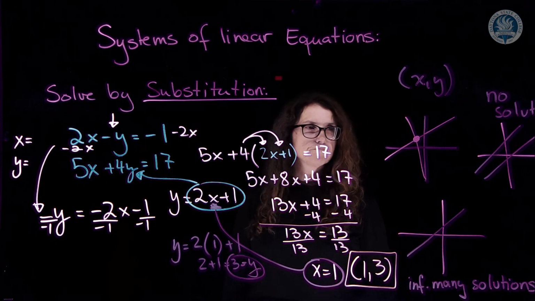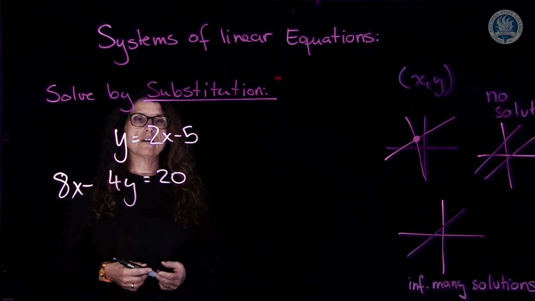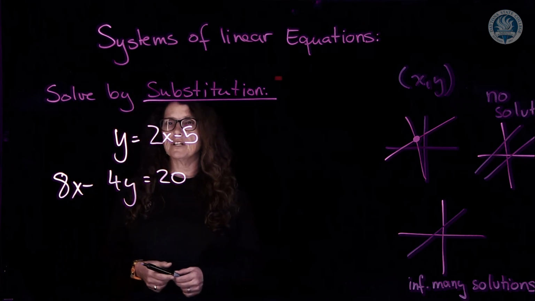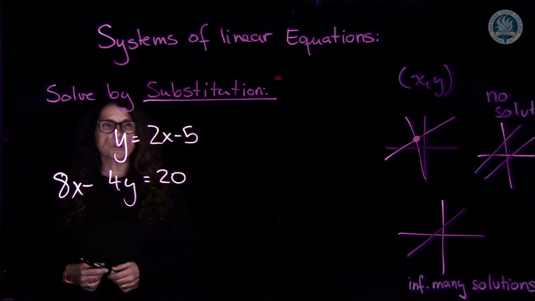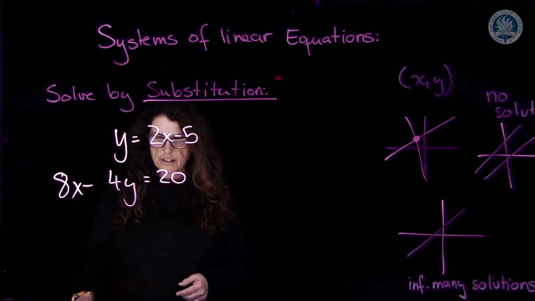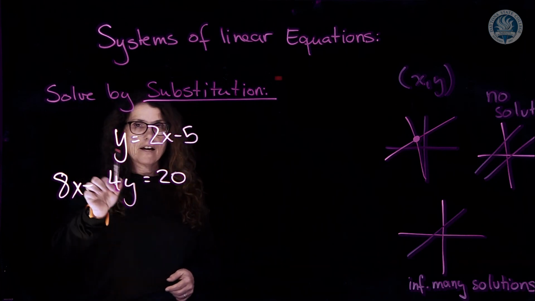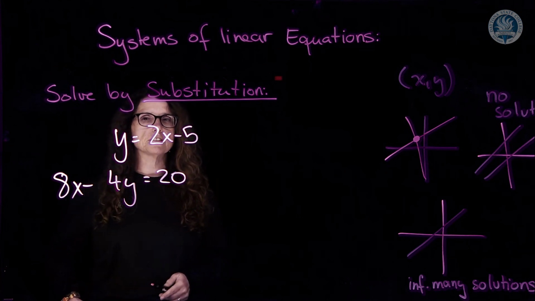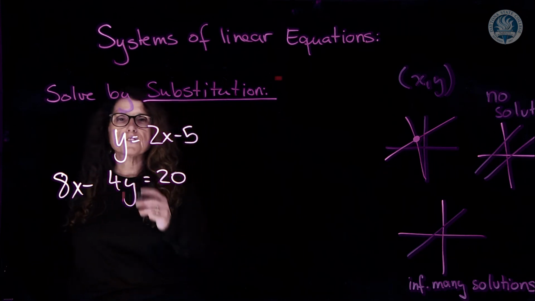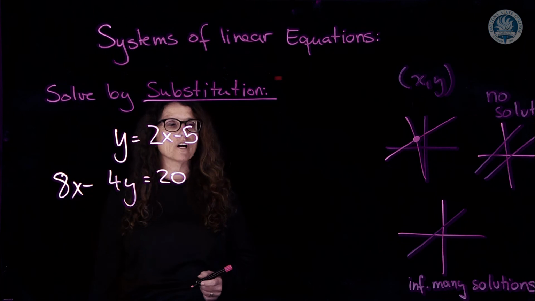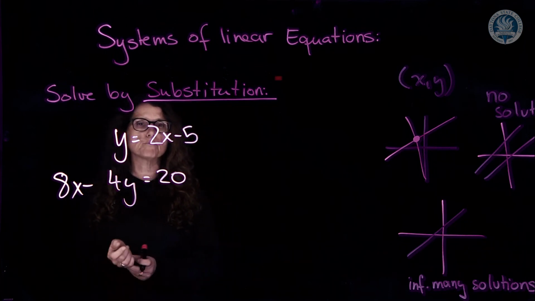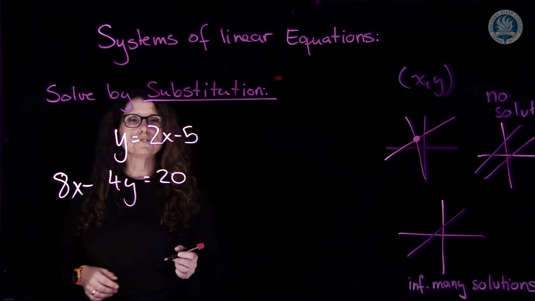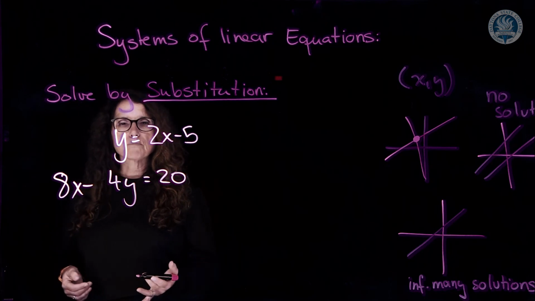Here we have another system of linear equations, so let's solve this one by substitution as well. As you can see, we do not have to isolate here because our first equation already says y equals, so the setup is perfect. All we need to do here is substitute.